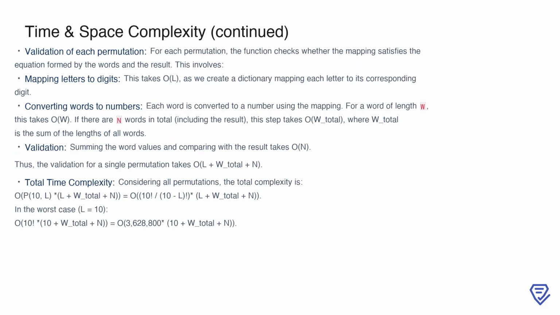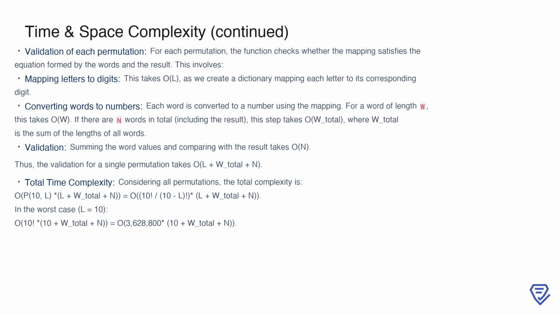For each permutation, the algorithm performs several validation steps to determine whether the current mapping satisfies the given equation. First, letters are mapped to digits, which takes L time as we construct a dictionary for this purpose. Next, each word in the input is converted to a numerical value using this mapping. For a word of length W, this conversion requires W time.